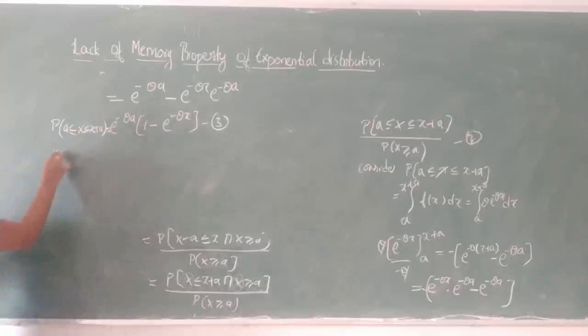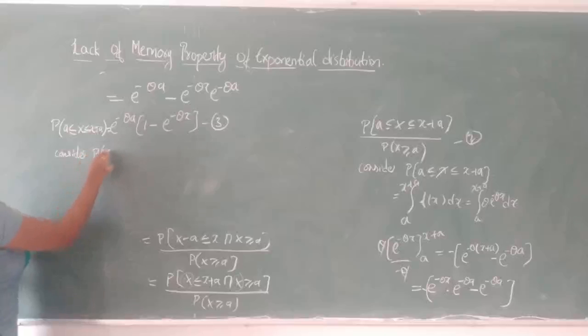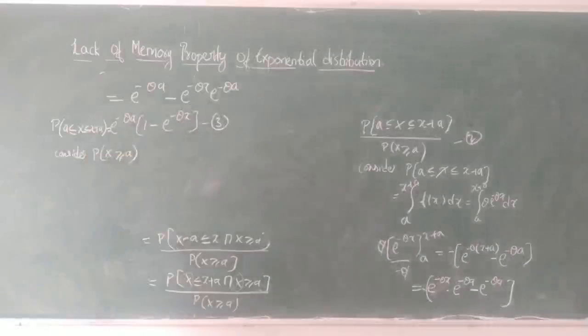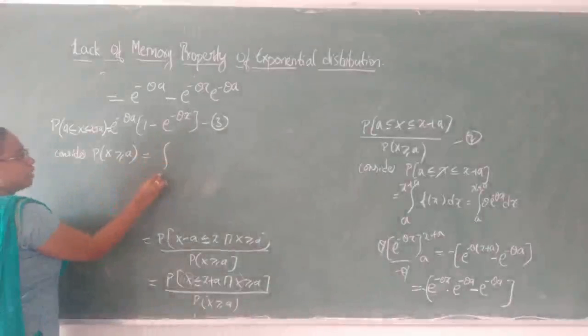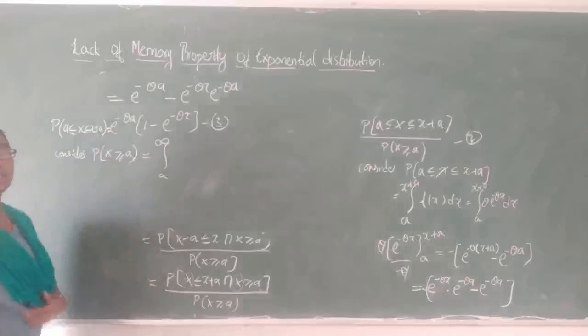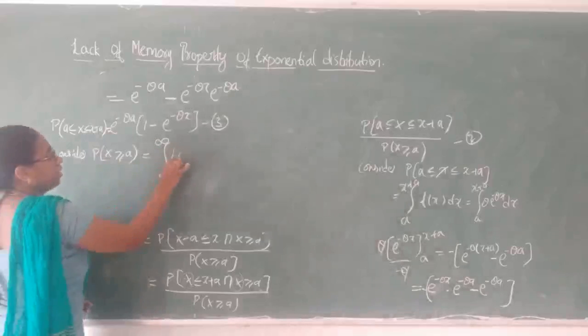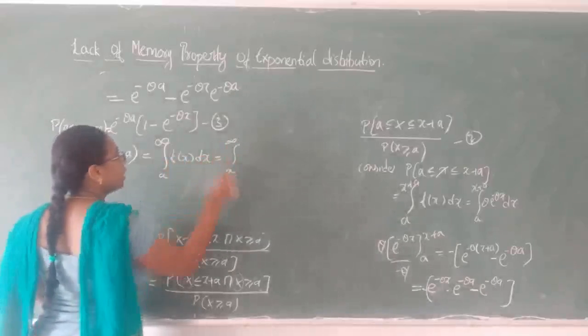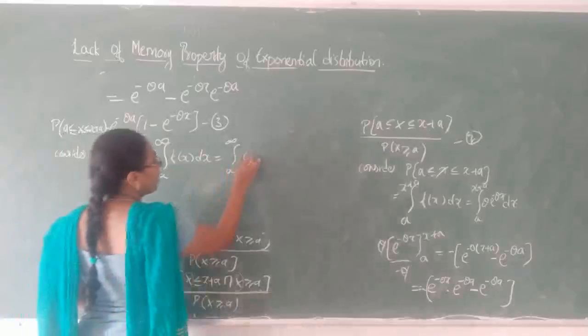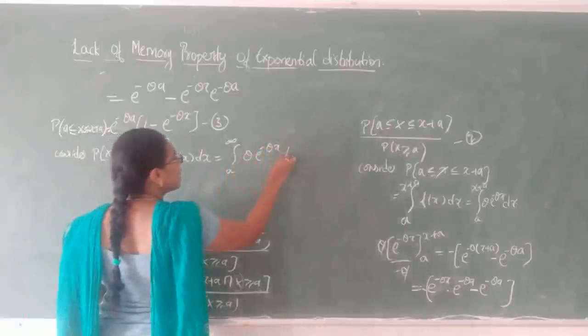Now consider the denominator, the probability of x greater than or equal to a. The lower limit will be a and the upper limit will be infinity. So the integral from a to infinity, for exponential distribution the upper limit is infinity, of f of x dx, which equals the integral from a to infinity of theta into e power minus theta x dx.